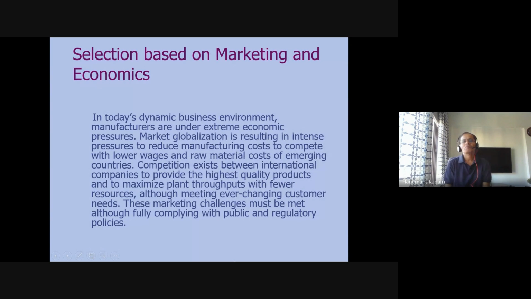So, selection based on marketing and economics. In today's dynamic business environment, major manufacturers are under extreme economic pressure. Market globalization is resulting in intense pressure to reduce manufacturing cost to compete with the lower wages and raw material cost of emerging countries. This is the general trend when the economy goes down.